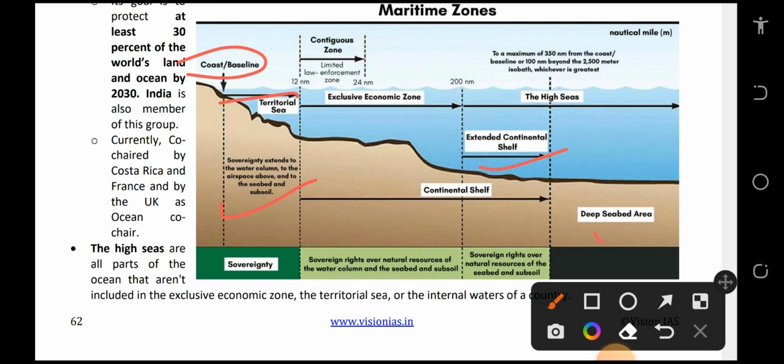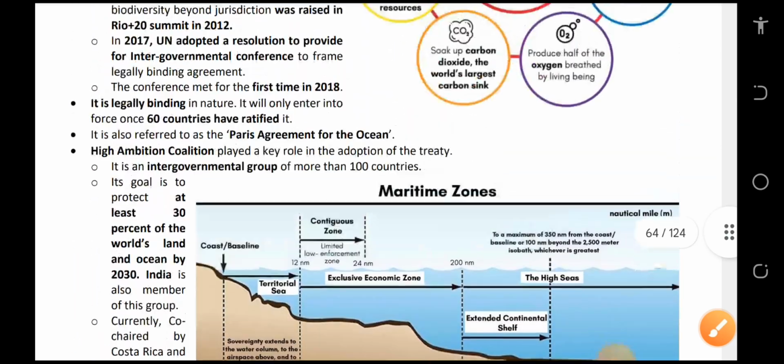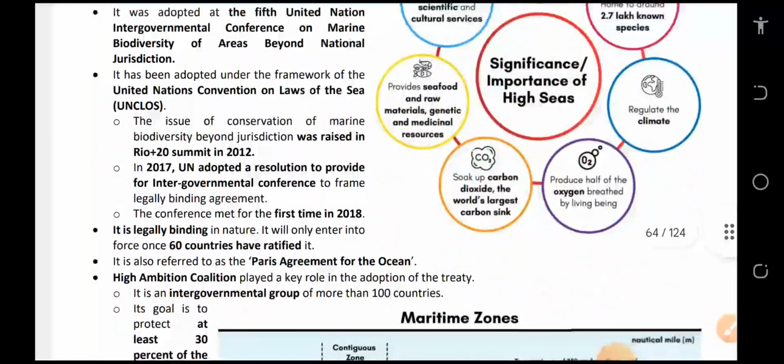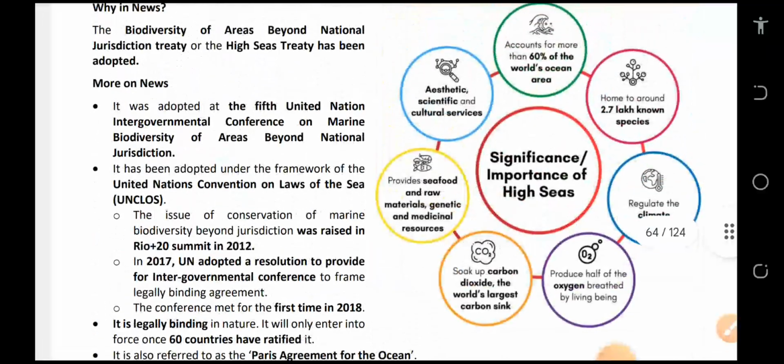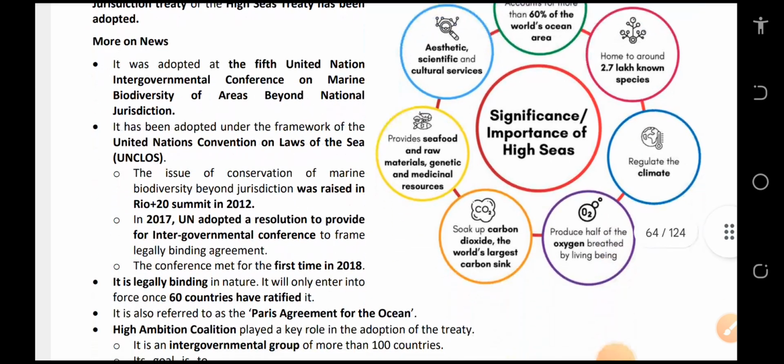Next is the deep sea area. This is the deep sea area. So this much is given here. I think we have seen all the important points on the topic of biodiversity of areas beyond national jurisdiction, the United Nations High Seas Treaty. So here I would like to stop.